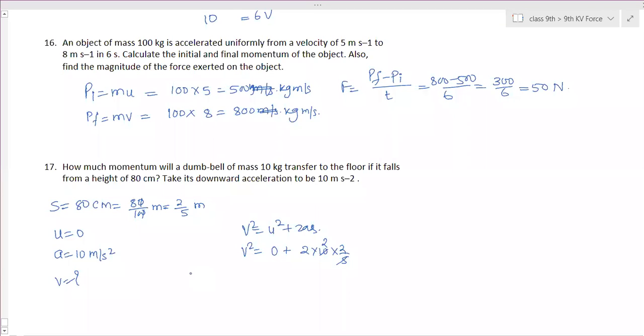It falls from a height of 80 centimeter. So v square is 16, as 4 fours are 16. So v is equal to 4 meter per second.